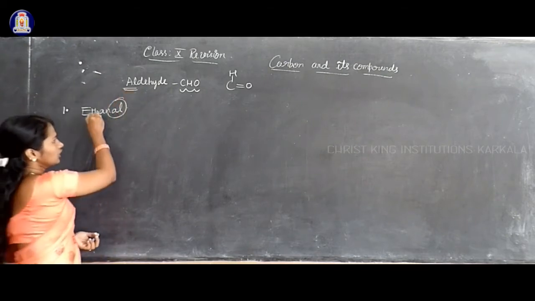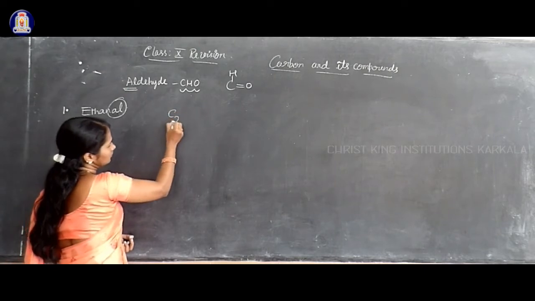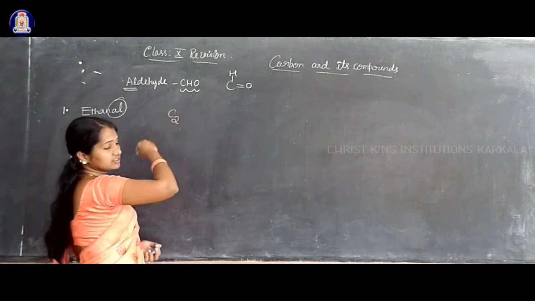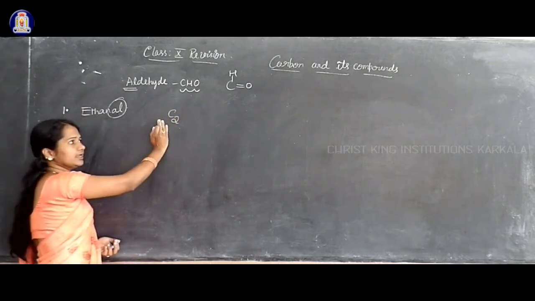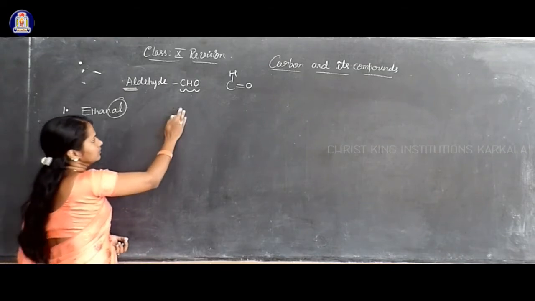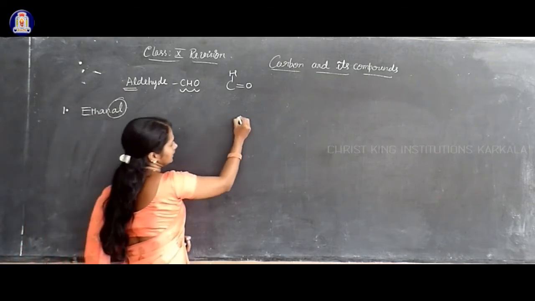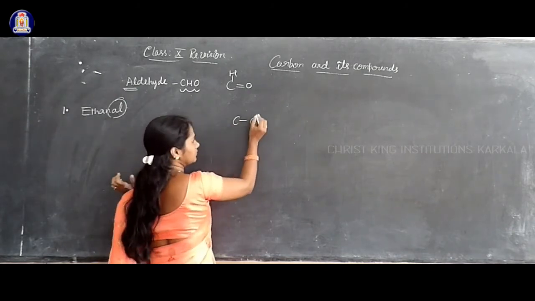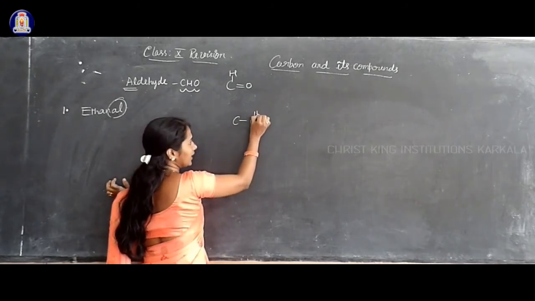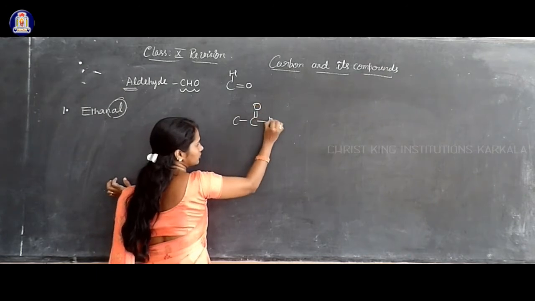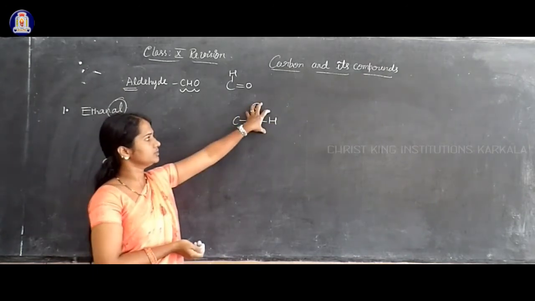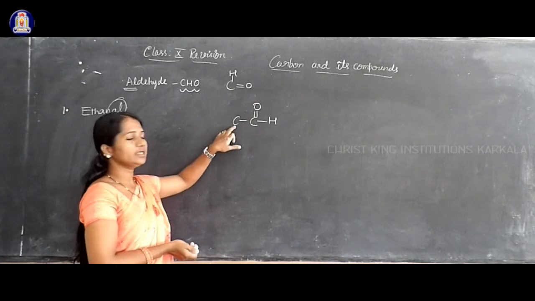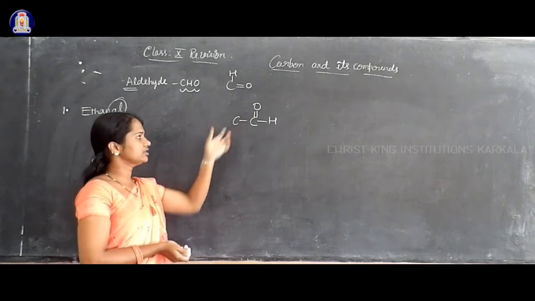Eth means 2 carbon atoms, so C2. First we will write the structure here, so easily we can write the molecular formula. Eth means 2 carbon atoms, and this last carbon atom represents the aldehyde group, double bond O, H. This is the aldehyde group CHO. Now complete the valency of the first carbon atom.